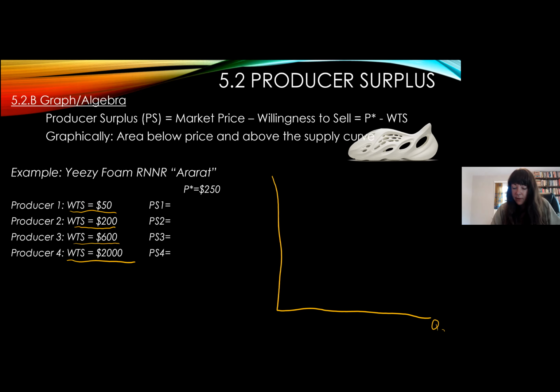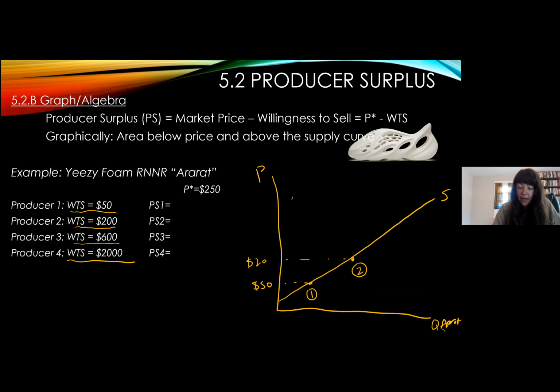So we're thinking about the Ararat market and their price still. And we've got a supply curve. The first seller is down here, $50. The second seller is here at $200. They will come into the market if the price rises above that.